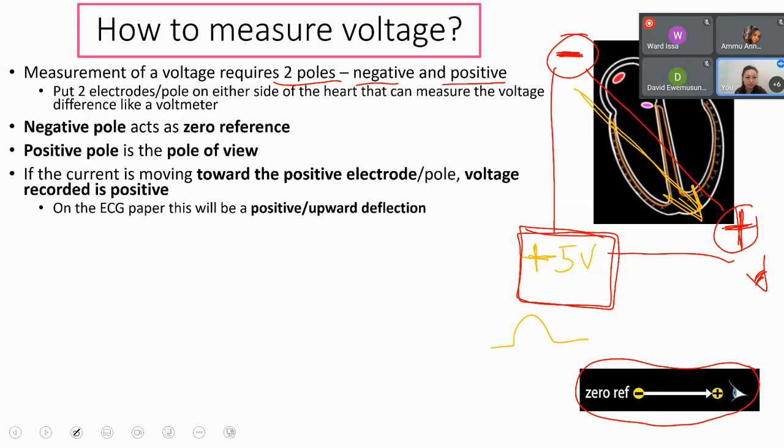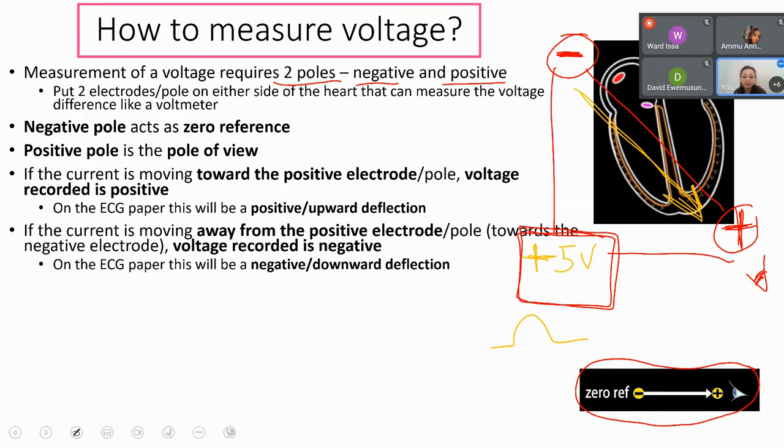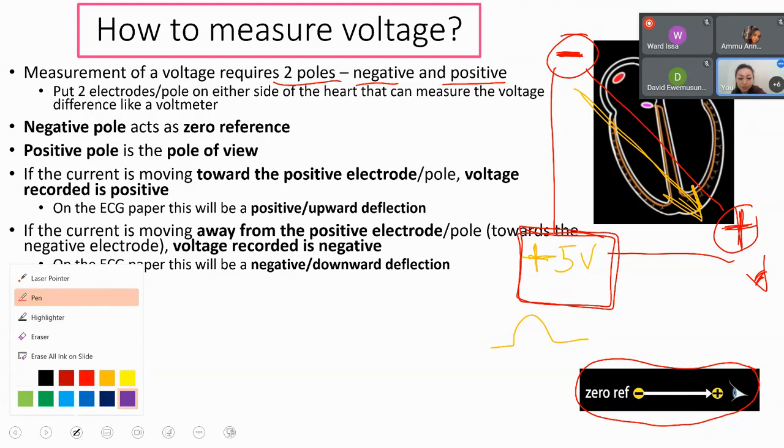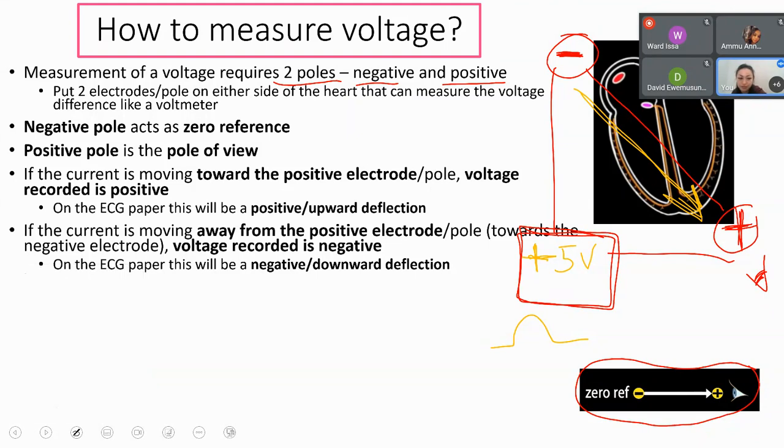And on the ECG paper, because it's moving towards the positive pole, it's going to be an upward or positive deflection. And then if the current is moving away from the positive electrode, the voltage recorded would be negative. And on the ECG trace, this will be a negative or downward deflection. So if we have a current going towards the negative side, away from the positive side, the voltmeter would register this as a negative voltage.